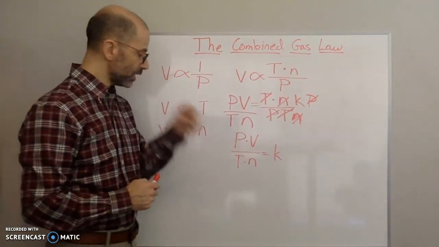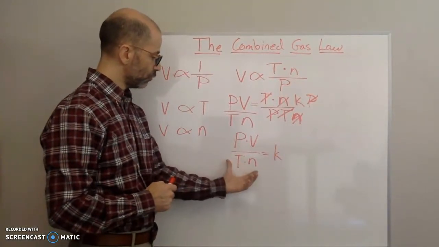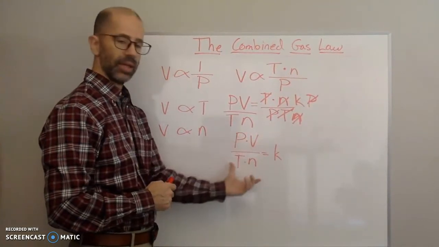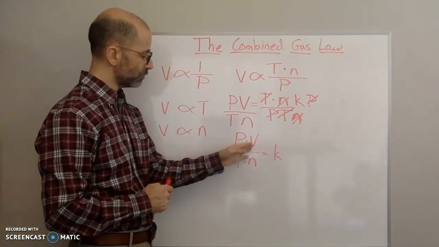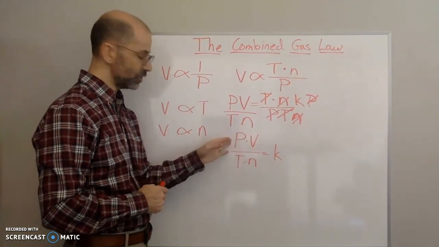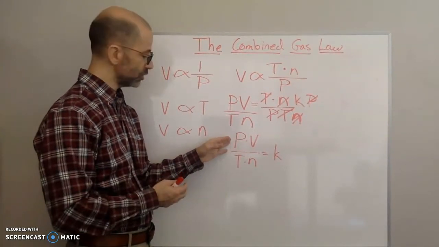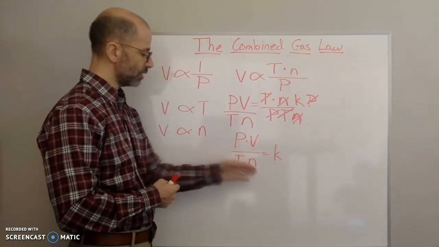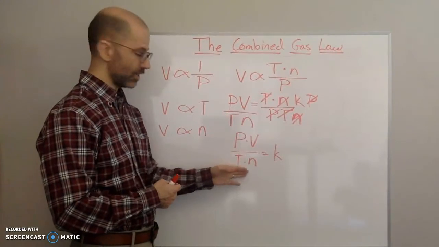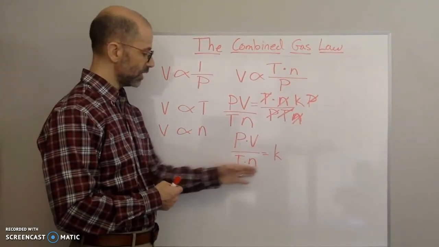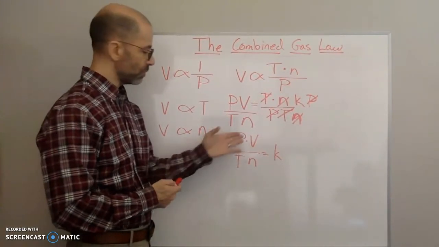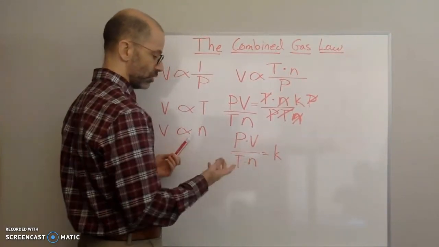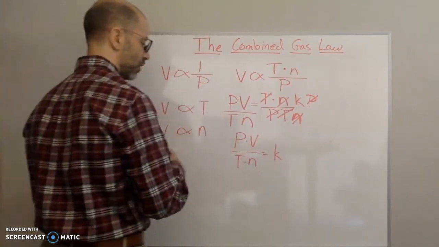If we don't keep anything constant, then all of these are in play. So if I change the volume, then the pressure is going to have to change inversely to the volume to keep K the same. Temperature and the amount of gas are going to have to change as well to keep the constant the same.